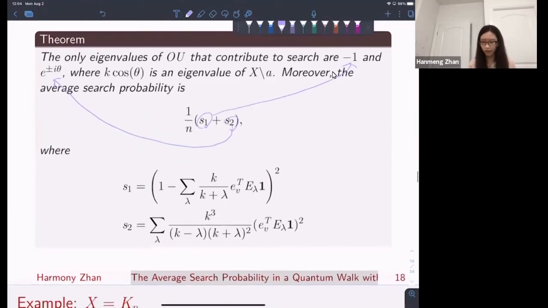And we can even write out S1 and S2 specifically using the eigen information of X sharp A. So lambda lies in the spectrum of X sharp A, and E lambda is just the corresponding projection.